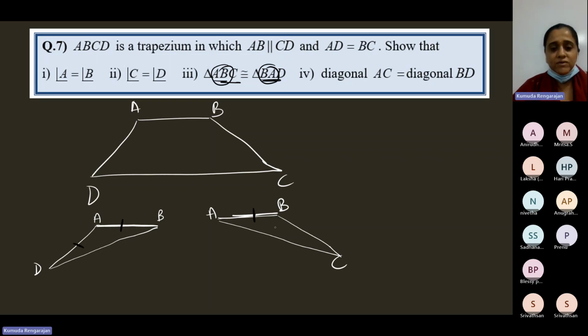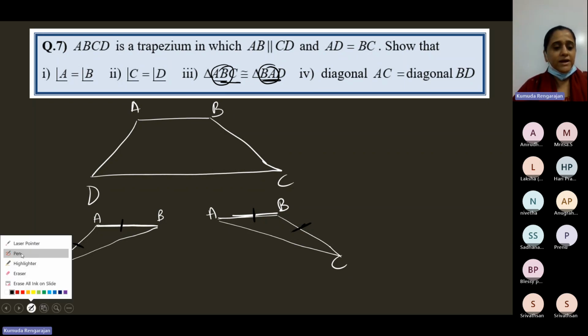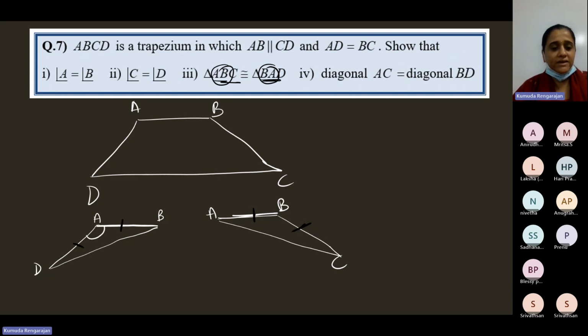Then AD is equal to BC, given. It's an isosceles trapezium, AD is equal to BC is given. And we just proved in the first subdivision that angle A is equal to angle B. This angle is equal to this angle, we just proved. Correct? Okay. So in the two triangles, we have two pairs of equal sides and the included angles are equal. So by the SAS rule, the triangles are congruent.